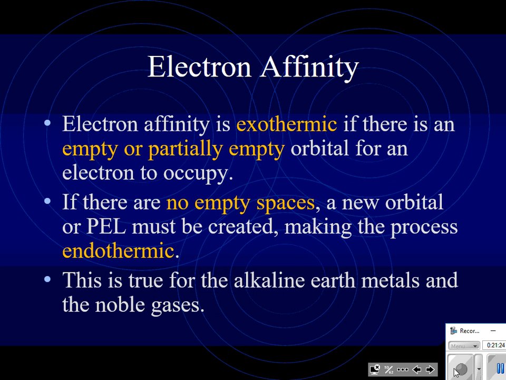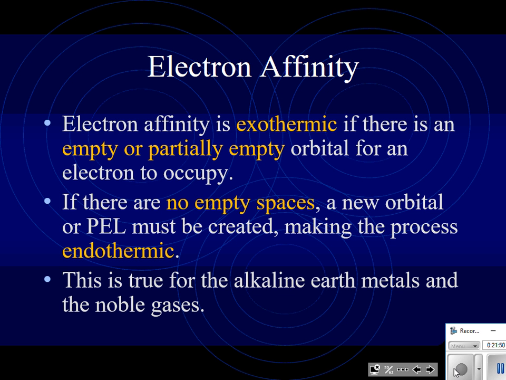Now, I said that this electron affinity is usually exothermic, but not always. Well, here's why. The electron affinity is exothermic if there are empty or partially empty orbitals for the electrons to occupy. So look up on the board here.